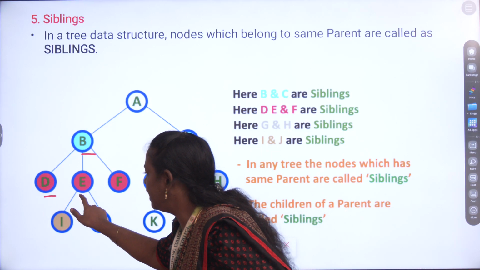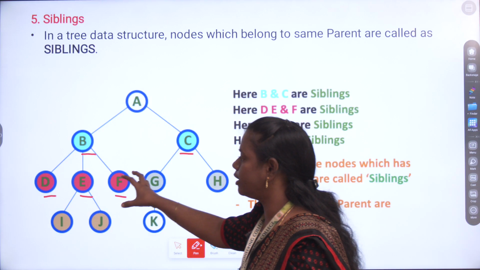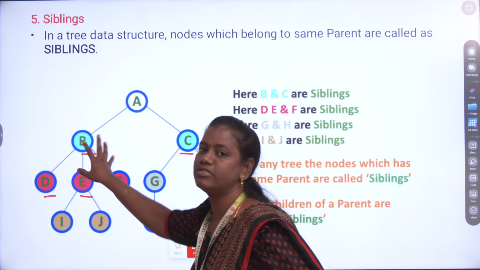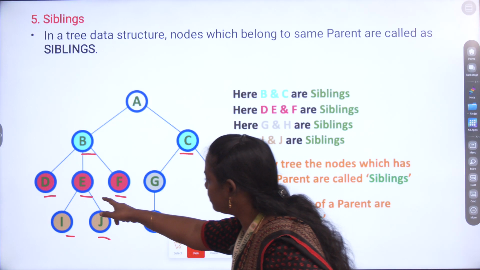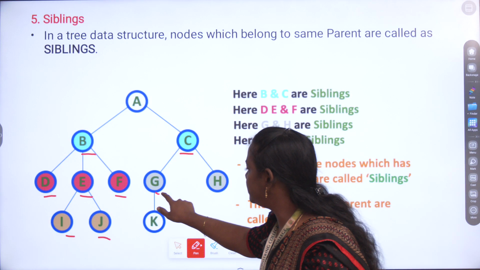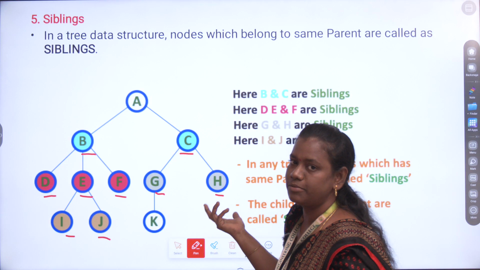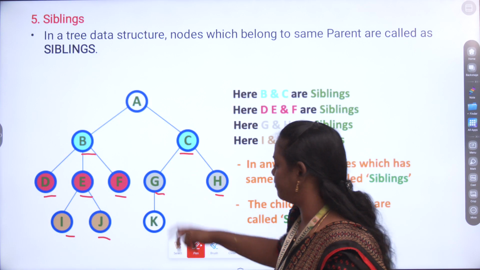Likewise D, E, F, these three nodes are also called siblings because the parent of D, E, F is B. And likewise I and J are siblings because the parent of I and J is E. And G and H are also siblings because the parent of G and H is C.